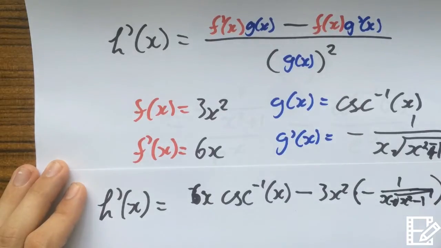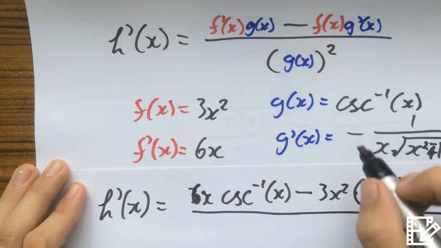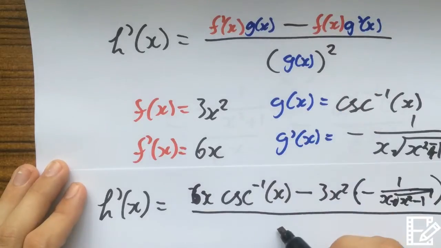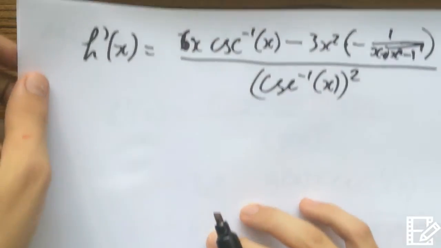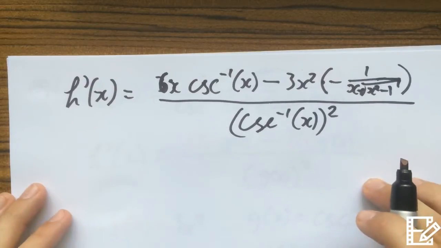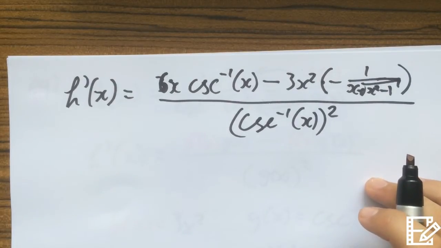Okay, and that is all over g(x) squared, g(x) being cosec inverse x, all squared. Okay, so now we have all this, we can simplify and solve.